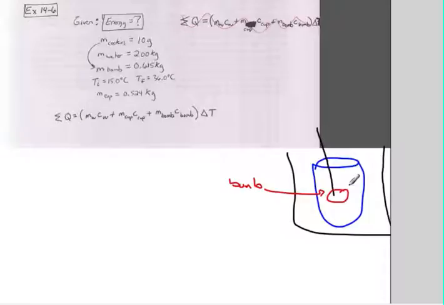The bomb is made of aluminum and placed in water, and the outside container is also aluminum. So you've also got to account for the heat that goes to the outside cup. Instead of just calling this an insulator, there's actually a cup out here that also takes some of the heat.